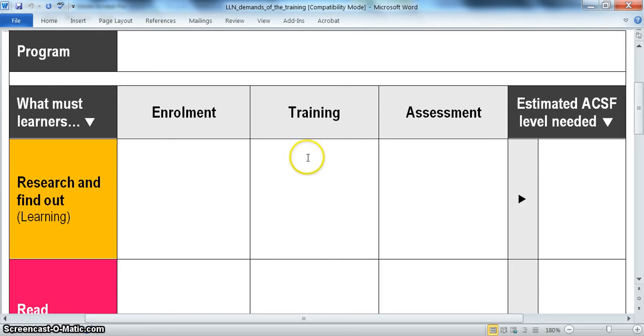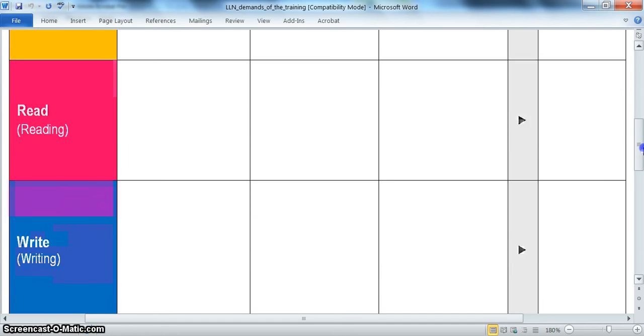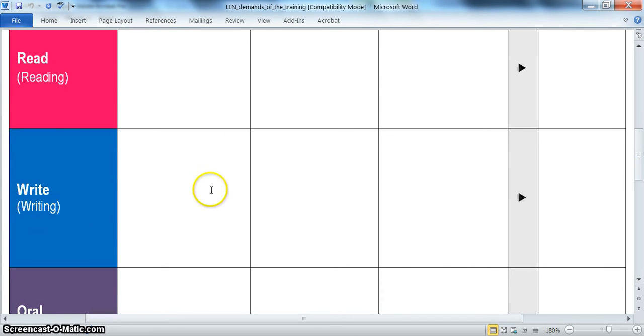What activities do they have to do to demonstrate research in the training activities? What research activities do they have to demonstrate in the assessment processes? What writing activities are they expected to perform during the enrolment process? What writing activities are they expected to perform in our general classes and training? And what writing activities are we expecting them to demonstrate in their assessment?